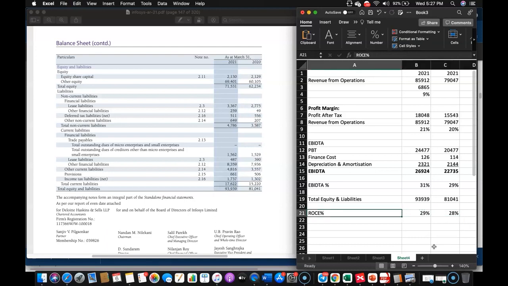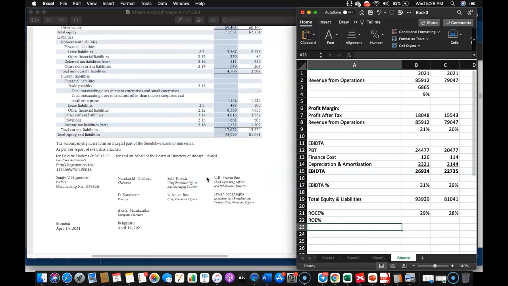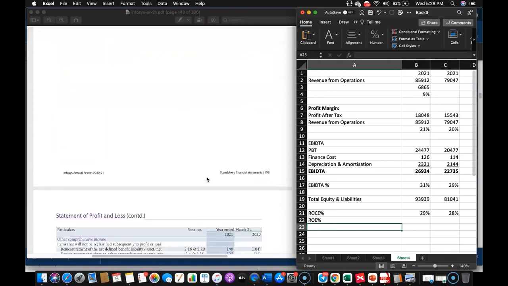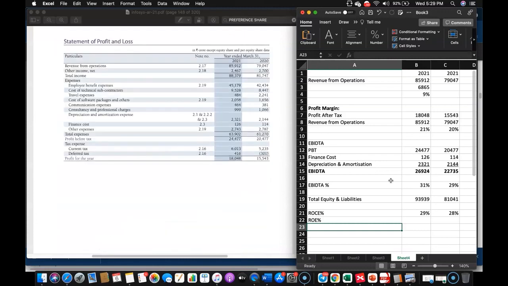Let us also try to measure the return for equity shareholders, ROE. How do we measure that? We take profit after tax minus preference dividend, and that can be compared with equity. Let's see whether there is any preference dividend. I couldn't trace preference, so I'll take this profit after tax as it is.